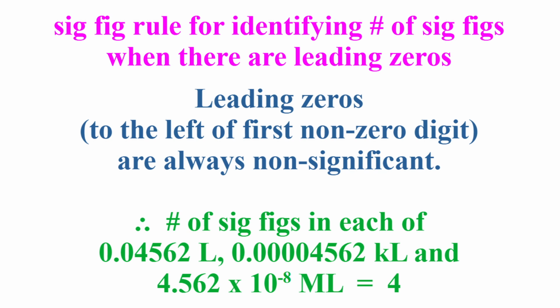Thus, the number of sigfigs in each of 0.04562 liter, 0.00004562 kiloliter, and 4.562 times 10 raised to negative 8 megaliter is 4.